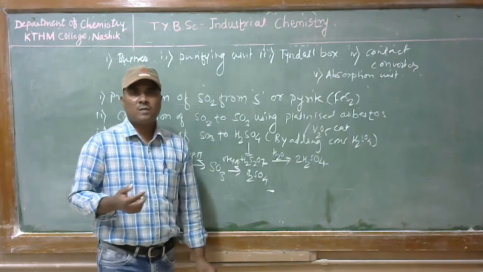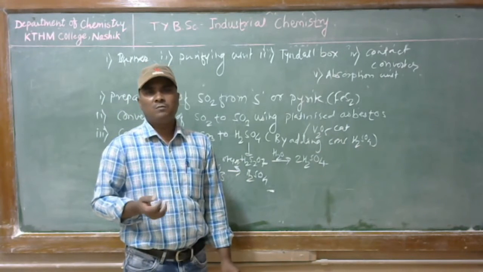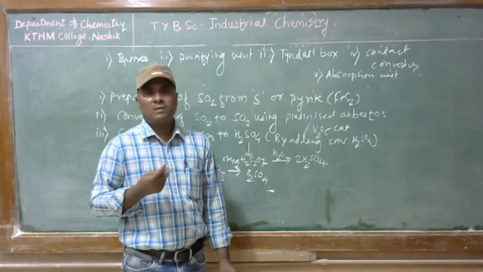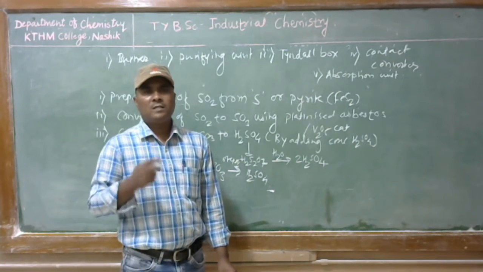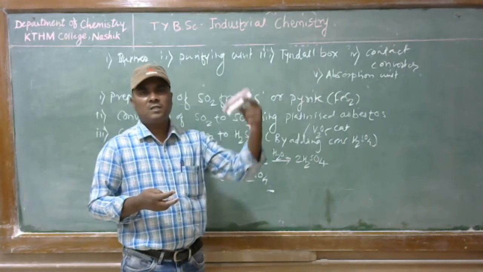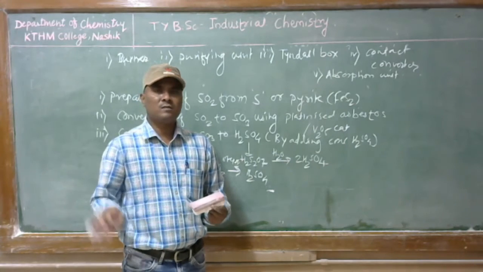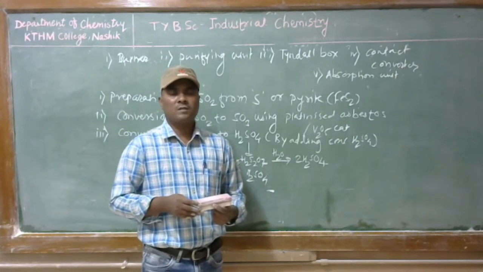Then third, it is passed into the drying tower, in which whatever moisture is present in the reaction gases is removed, as concentrated H2SO4 is introduced so that the moisture separates out from the reaction gases.